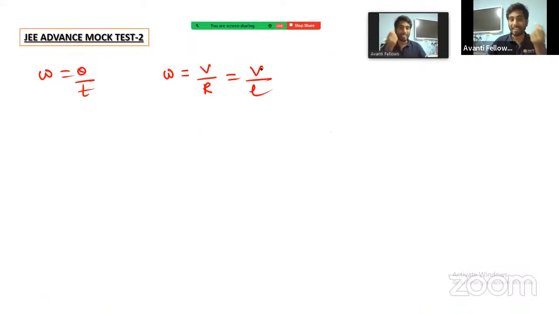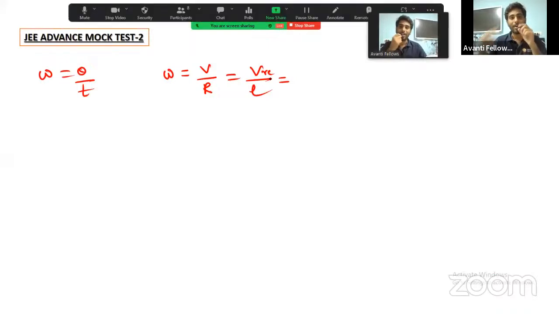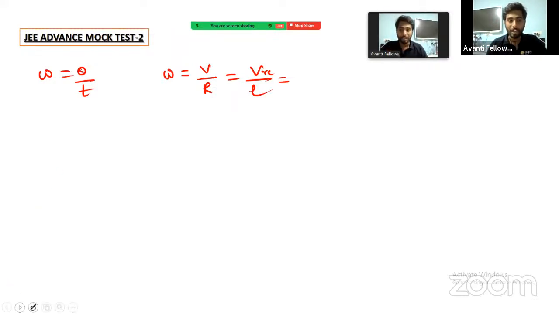So in the place of v, we can write the relative velocity between these two points. If the velocities are in the same direction, suppose this is VA and another is VB, what is the relative velocity between these two points? How will we write it?